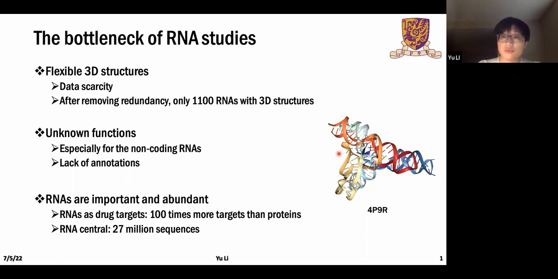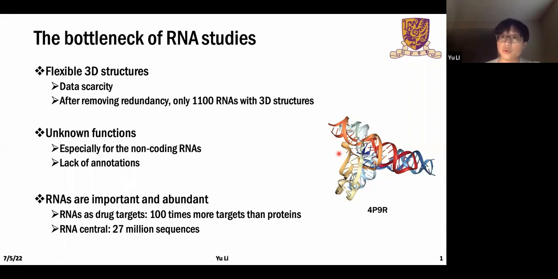So the number of available RNA sequences, if we don't consider whether they are annotated or not, is a lot. So the question is, is it possible that we take advantage of such a huge amount of unannotated data to resolve the data scarcity issue and the lack of annotation issue for RNA studies?